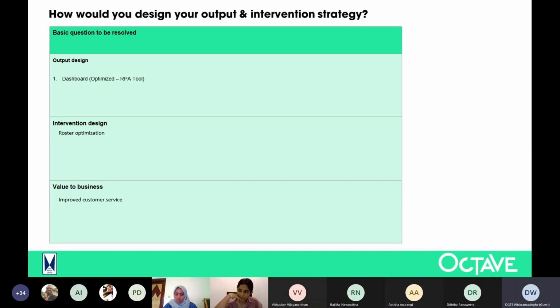And in terms of intervention design, the ultimate expectation that we drive through this project is to optimize our roster management system, what we are currently experiencing in this store, and also to optimize the volume handling trend, which means sales trend.